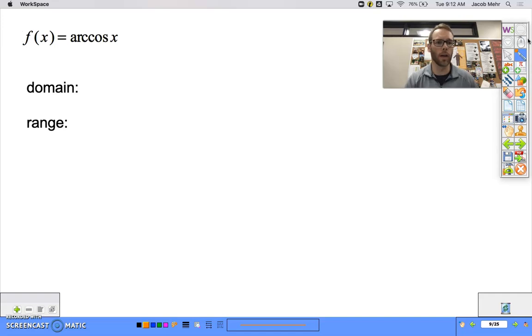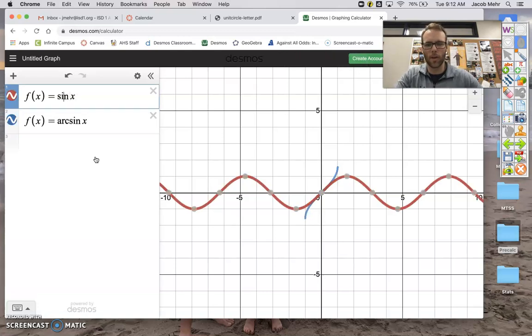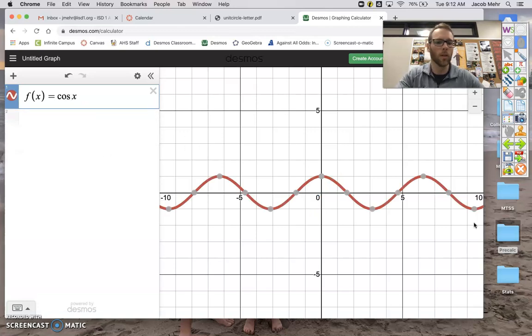All right, so there's arc sine. How about arc cosine? Let's go back to Desmos here, and let's graph the cosine function. Looks like that.